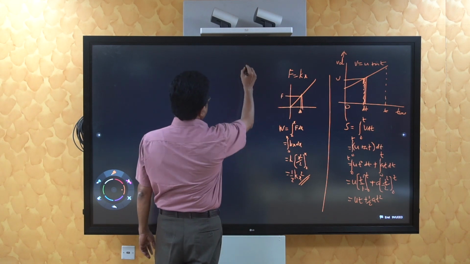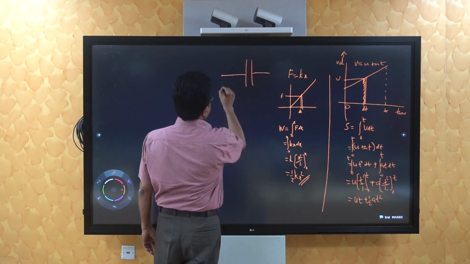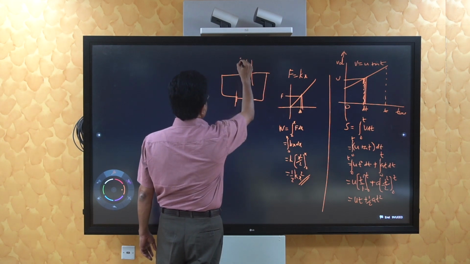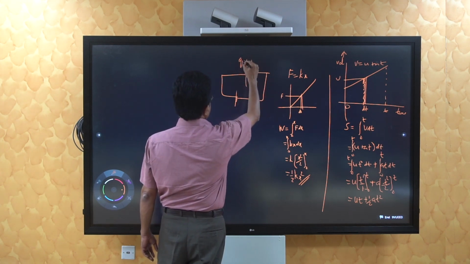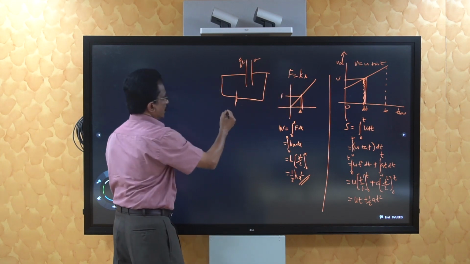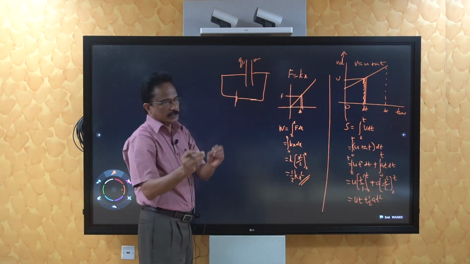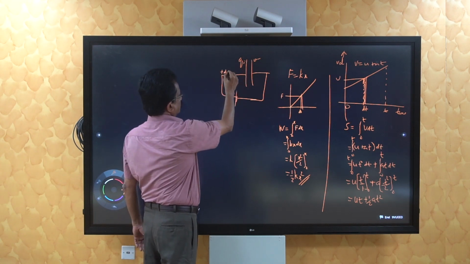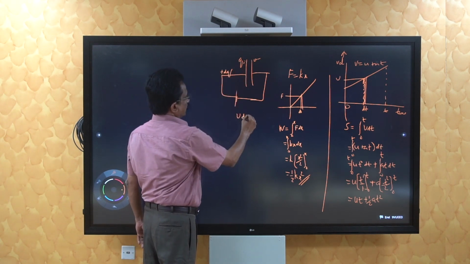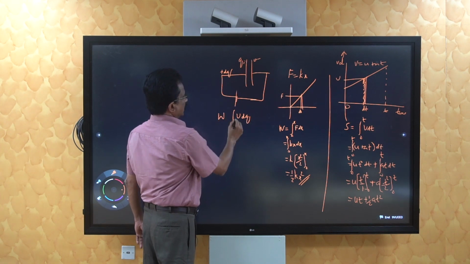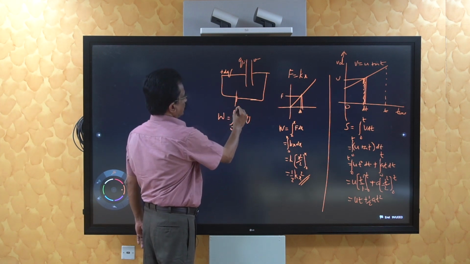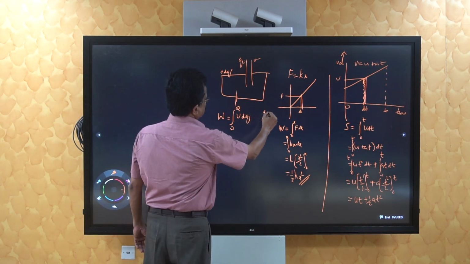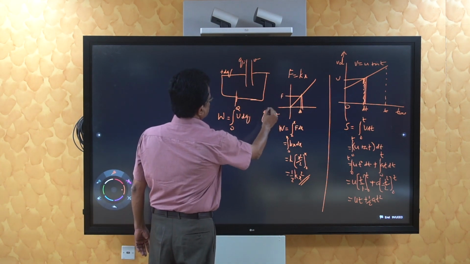Now think of charging a capacitor. Suppose we take a capacitor and connect a battery to charge it. At a particular moment, the charge on the capacitor is Q and the potential difference is V. The potential difference gives the work done in transferring unit charge. So the work done in adding a new charge dq is V dq. So total work done is the integral of V dq from 0 to the final charge Q. We know the equation for capacitance, Q is equal to CV.